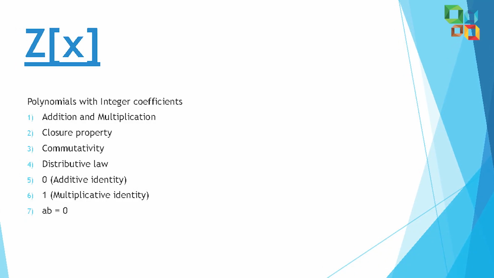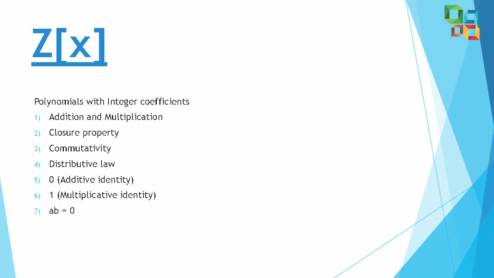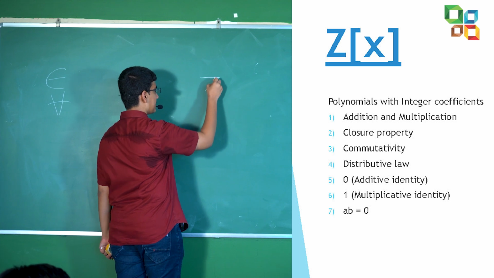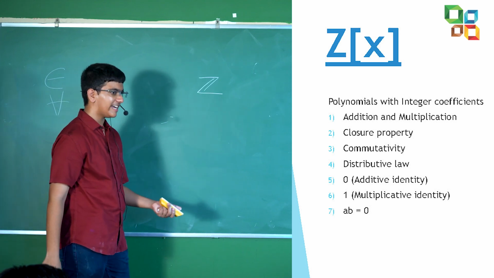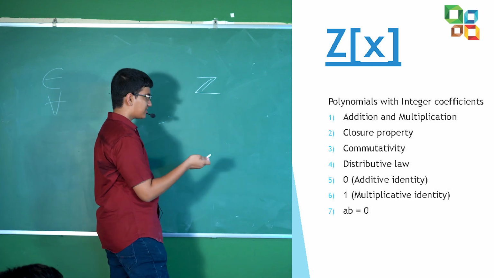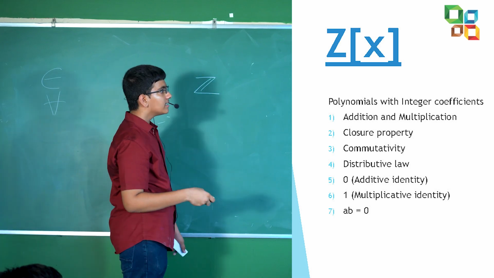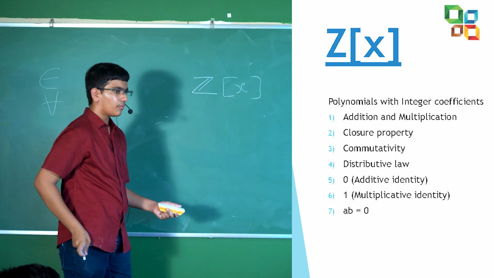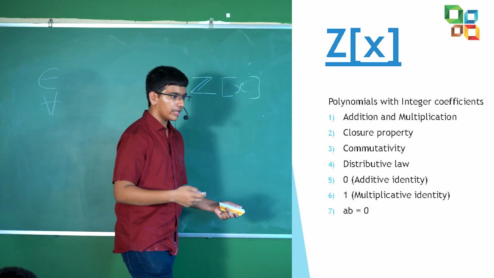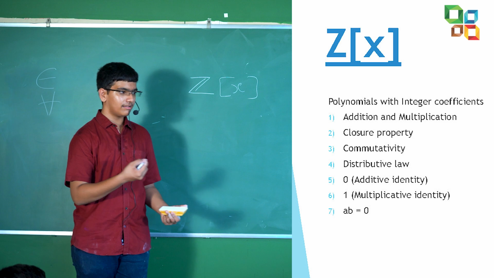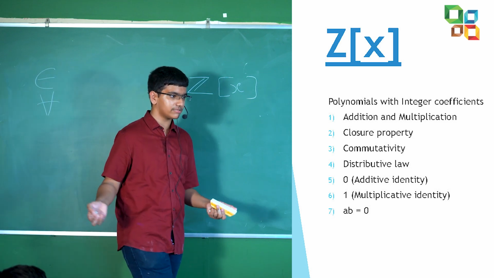Okay, Z of x. It's called Z adjoint x, and in most cases Z is bold. Since you can't write bold in actual things, you give it an extra dash. So this is called Z adjoint x or Z of x. What this means is, you all know polynomials, right? Polynomials are something like 3x squared plus 5x plus 2.